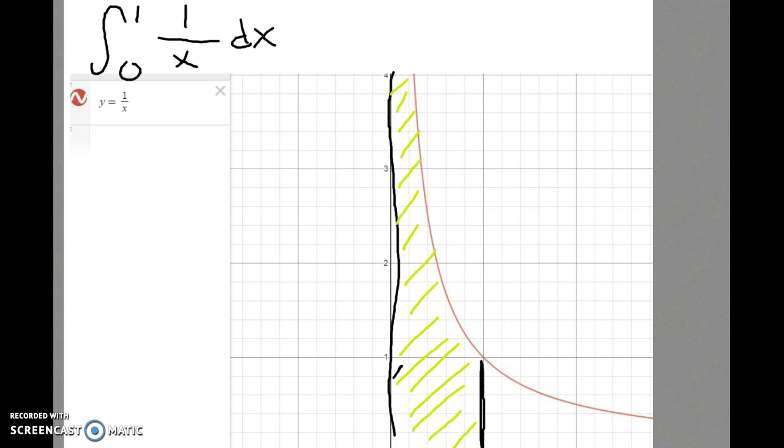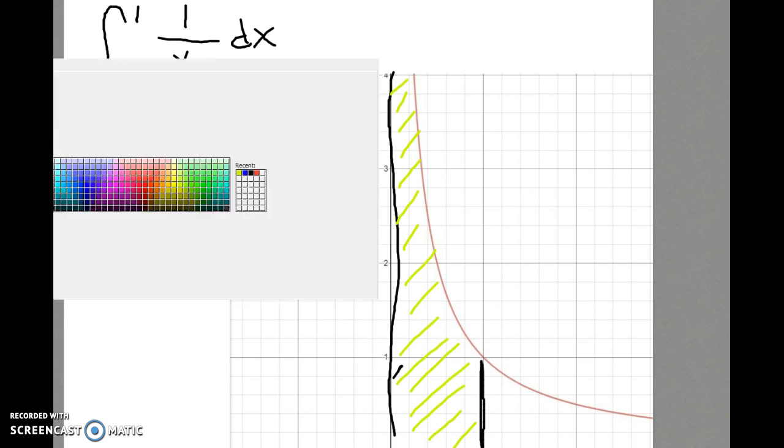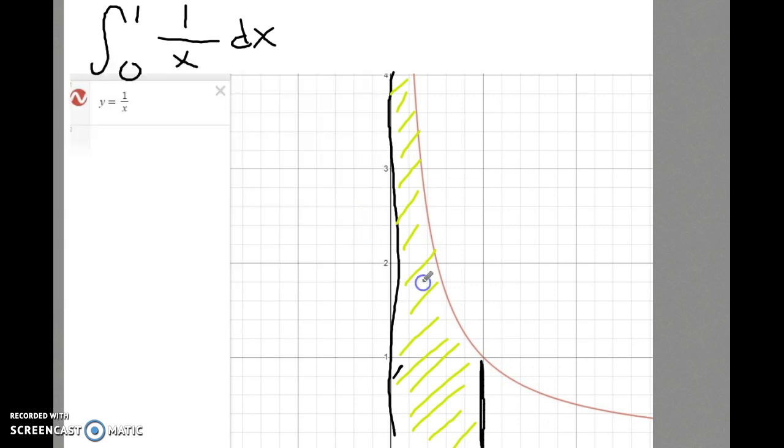Since it's an unbounded region, what we could do to investigate whether the area of this region approaches any finite number is to set up a left-hand boundary. So maybe something like this. Call it t, and then let t approach 0 from the right.